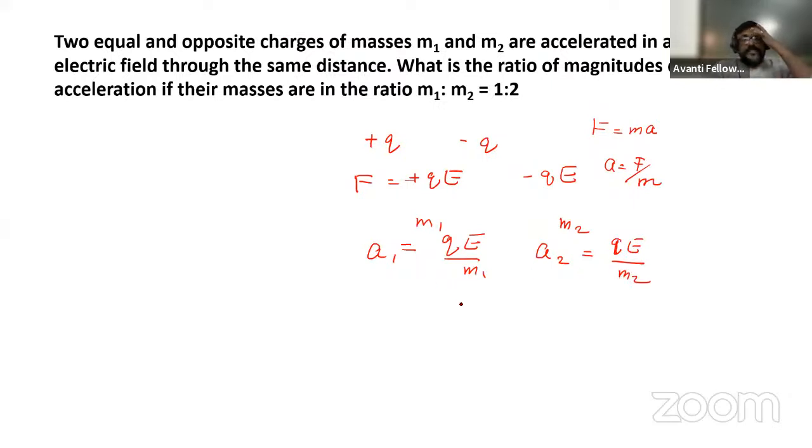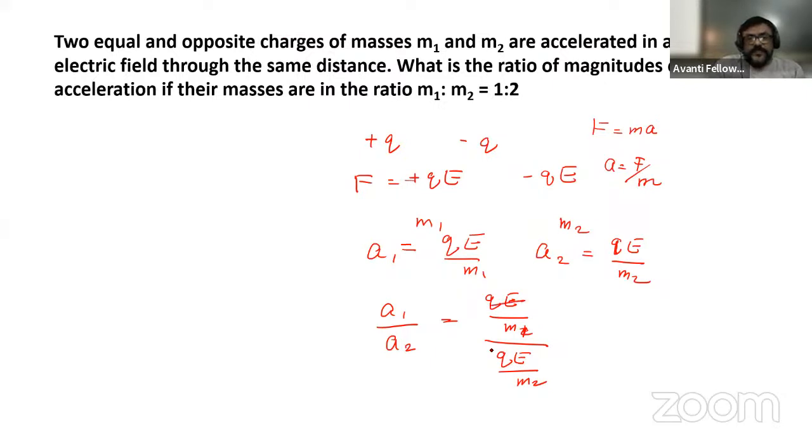Now we can easily find the ratio of A1 to A2. A1 by A2 is equal to, A1 is QE by M1 and A2 is QE by M2.